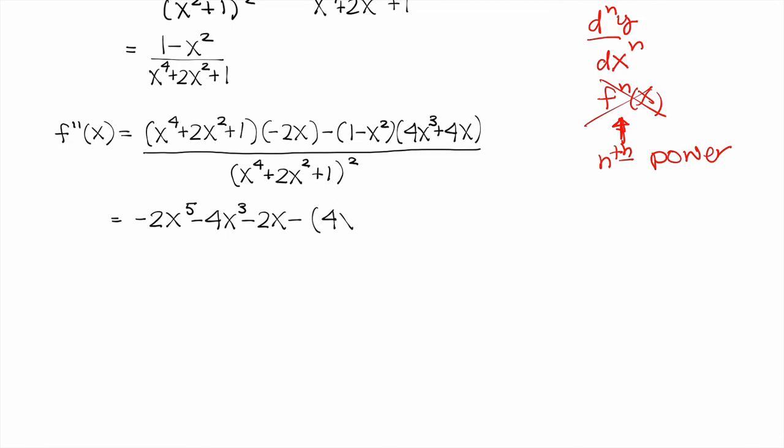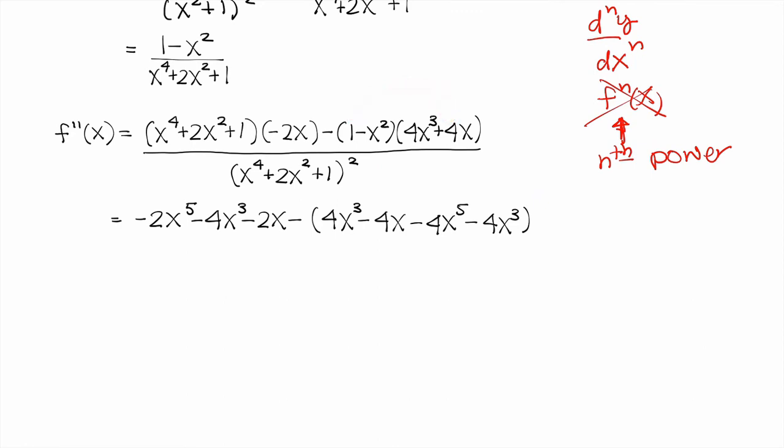So this is 4x cubed plus 4x minus 4x to the fifth minus 4x cubed. Let's discuss this real fast. You have to FOIL this. These first two terms are from doing 1 times 4x cubed plus 1 times 4x.